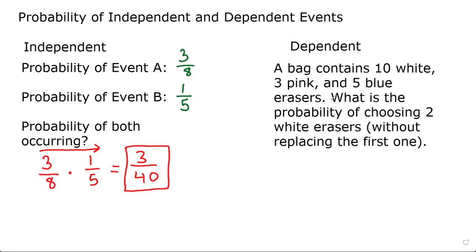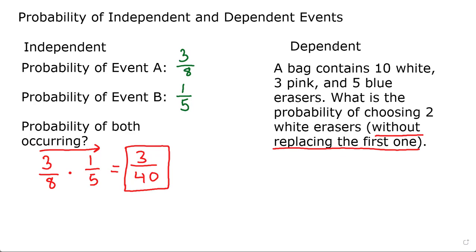All right, now this one's a little different. This is the dependent event, and it goes one step higher. They give you a bag containing 10, 3, and 5 erasers of different colors. What is the probability of choosing 2 white erasers without replacing the first one?